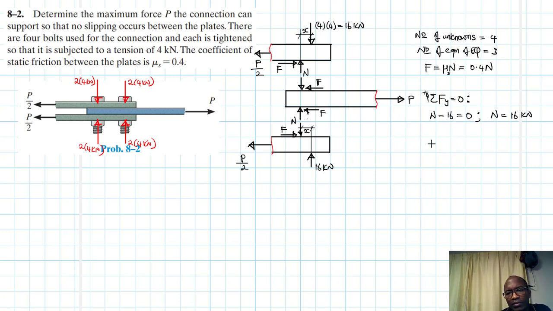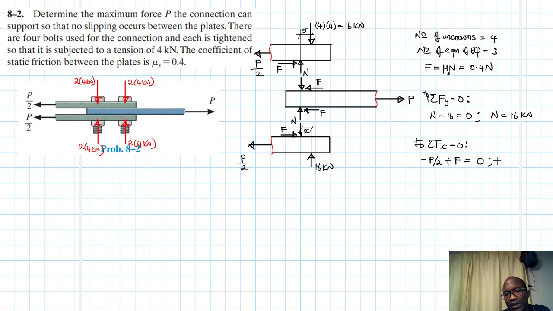And then we have summation of forces in the x direction equal to 0. Going in that direction, we want to find the maximum value of P that can be supported without slipping or carrying. Then we have minus P divided by 2 plus F equal to 0.